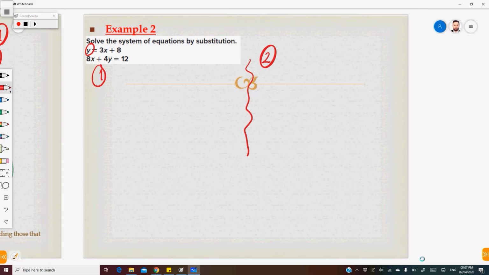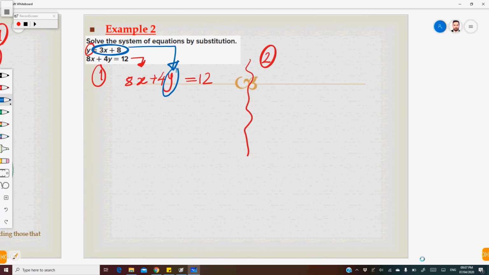What do you think if I write the bigger one here? 8x plus 4y equals 12. If you have y equal to 3x plus 8, you will replace y here with 3x plus 8.